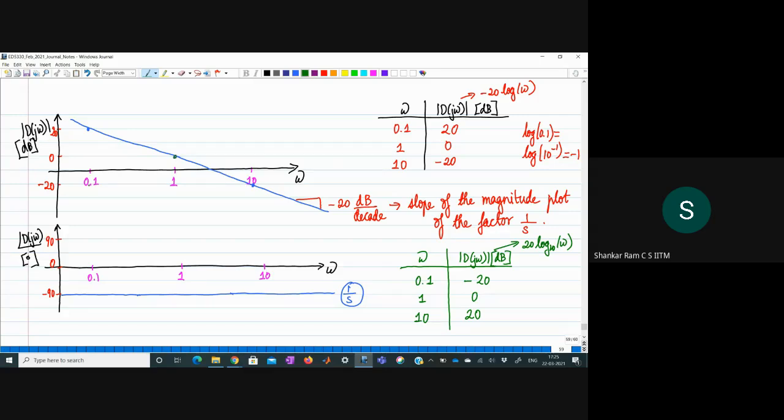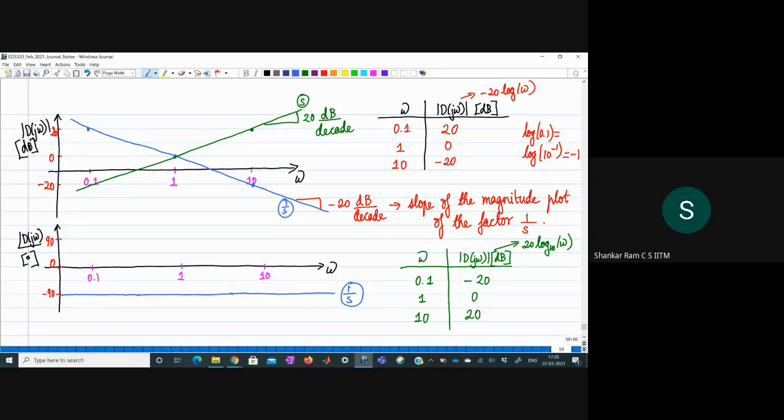These are going to be the 3 points for this factor, and consequently, the magnitude plot is going to be a straight line. This is for the factor s. It's going to be a straight line with a slope of plus 20 decibels per decade. I hope it is clear how we got this magnitude. So this is for 1 by s, that's for.